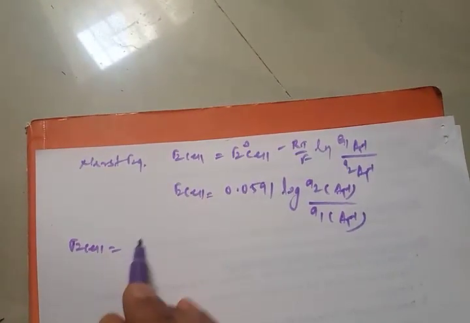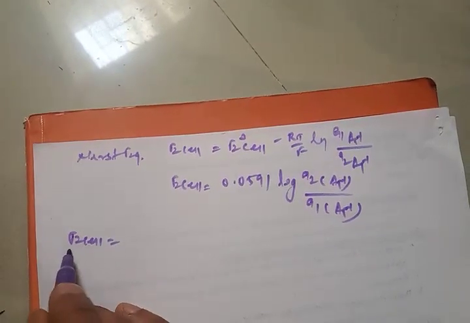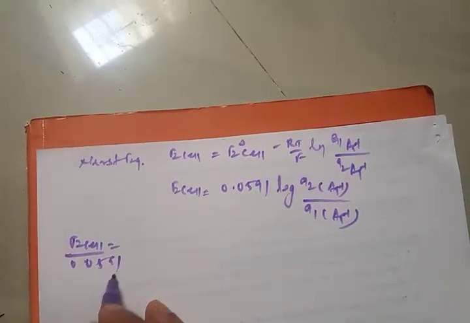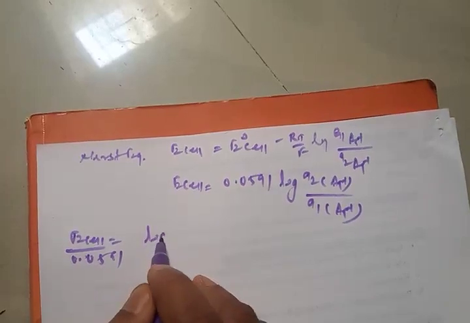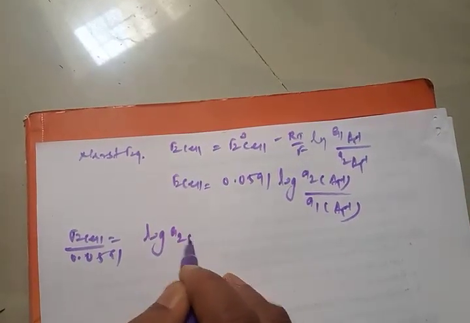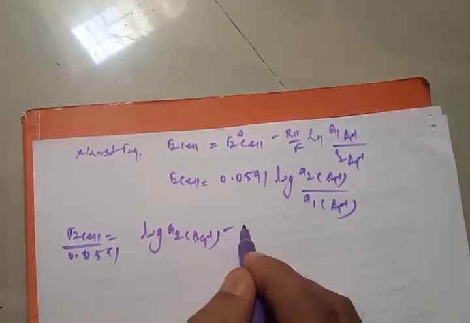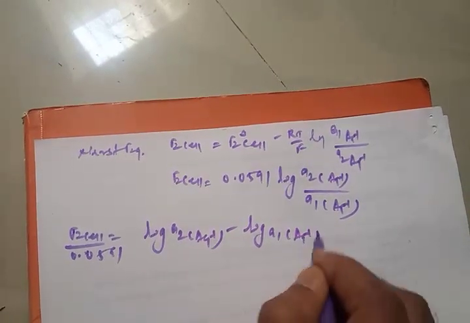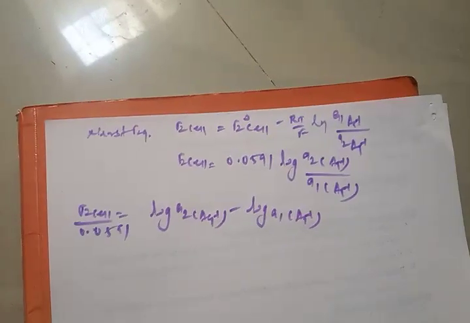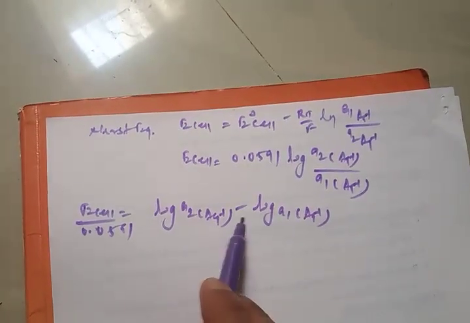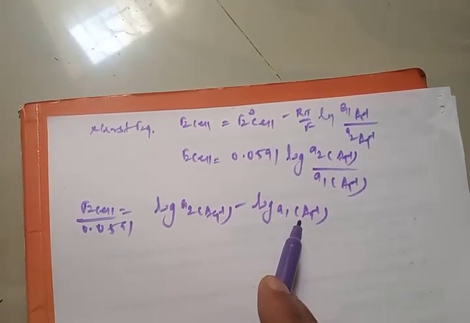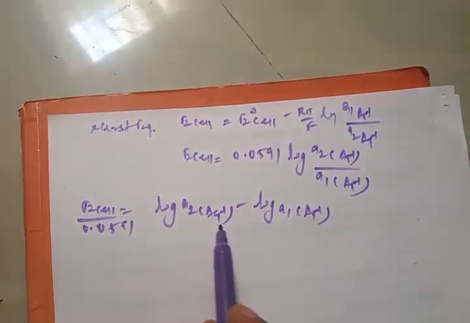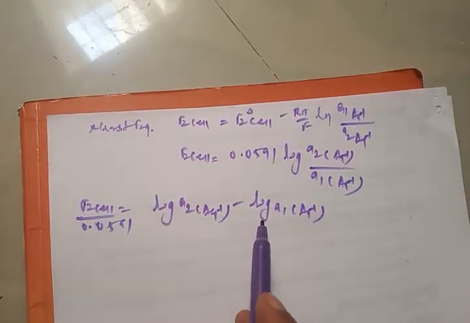So E cell upon 0.059 and log A2 Ag plus minus log A1 Ag plus. So log A2 Ag plus and log A1 Ag plus, and from here you can find out any values.